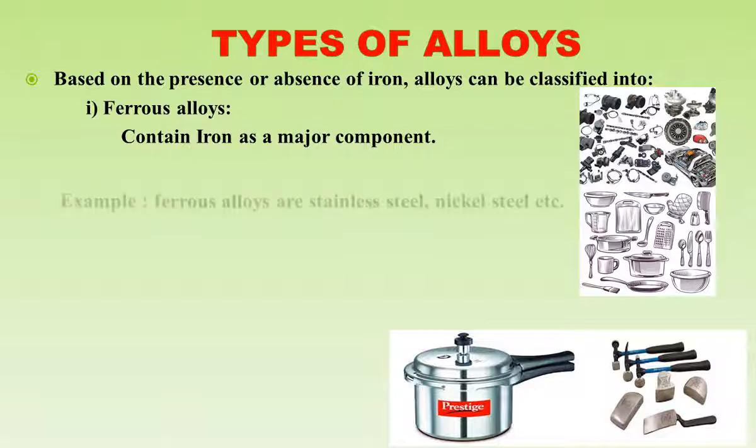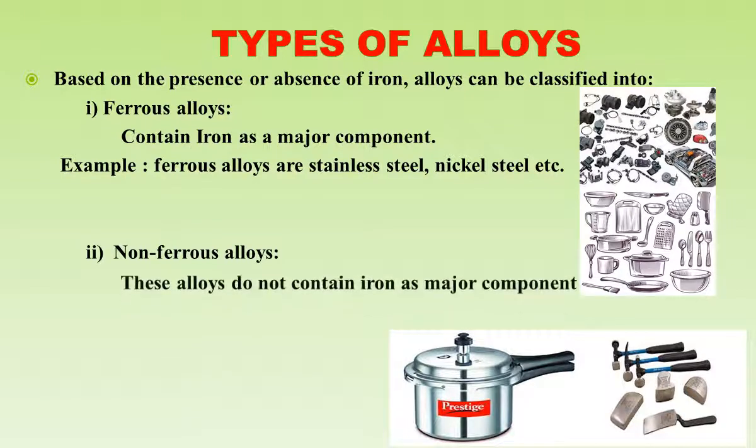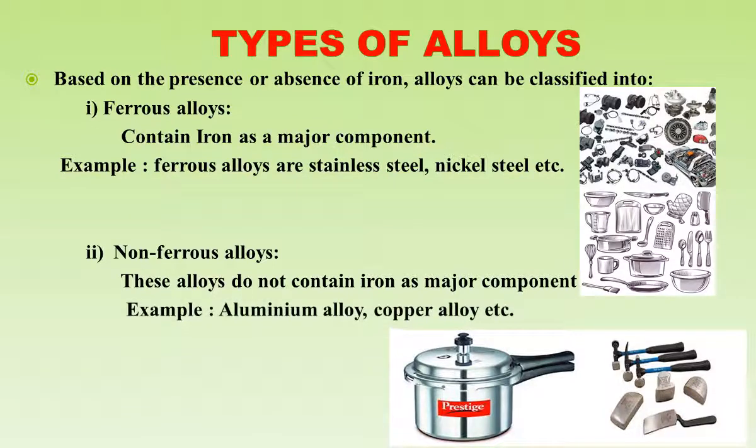For example, stainless steel and nickel steel contain iron as the major component. Non-ferrous alloys are alloys that do not contain iron as a major component. So iron is not a major component of these products. For example, aluminum alloys and copper alloys are non-ferrous alloys.